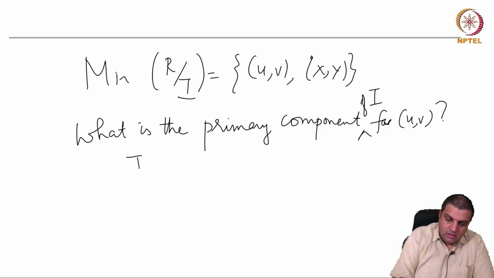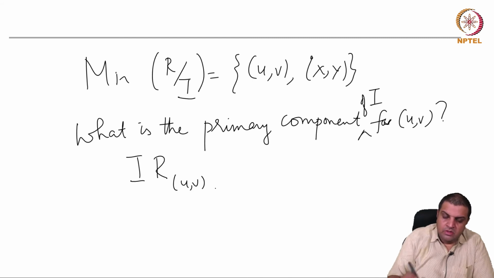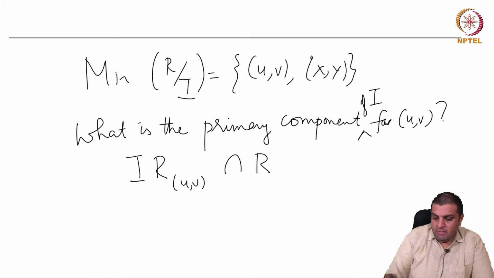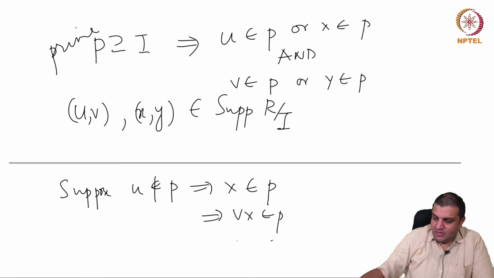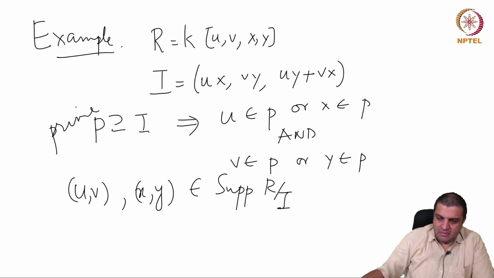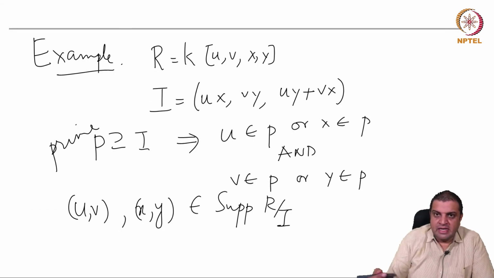So this is I R localized at u comma v, and then we want to contract it back to R. Localizing it is not easy to describe, but we could just start by inverting x and y first.